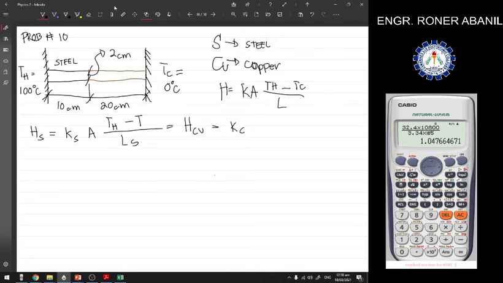So, yung area is parehas lang. A (T minus TC) over LCU, at LS natin dito steel.